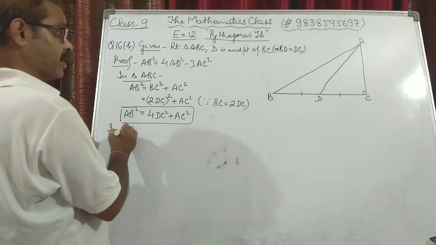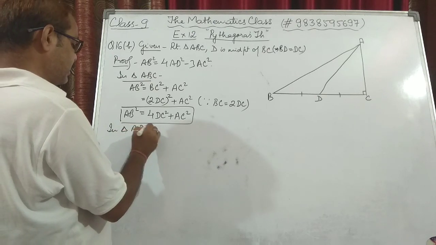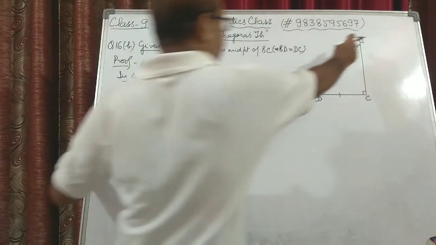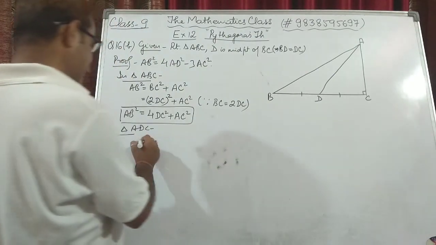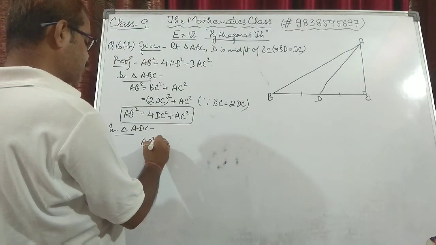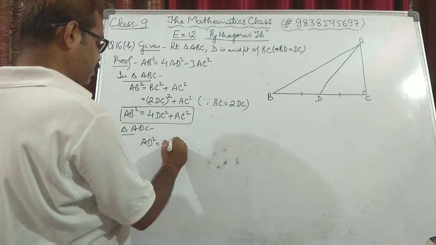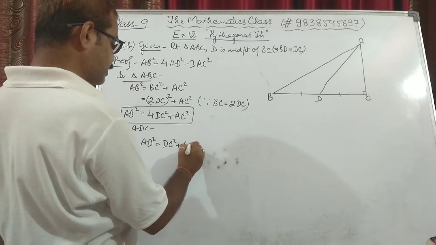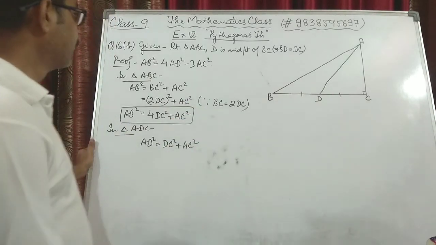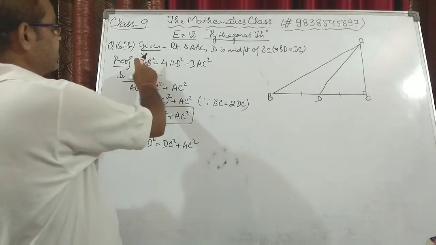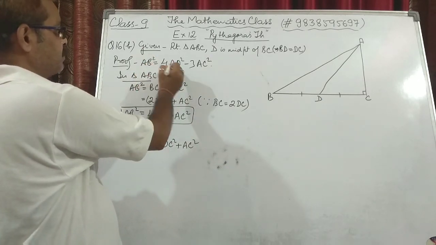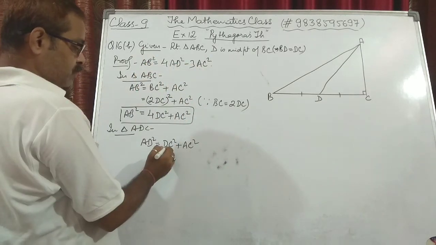Now we take the smaller triangle ADC. In triangle ADC, we can say that AD square is equal to DC square plus AC square. Now what do we want? We want AB, we want AD, we want AC. We don't want DC.